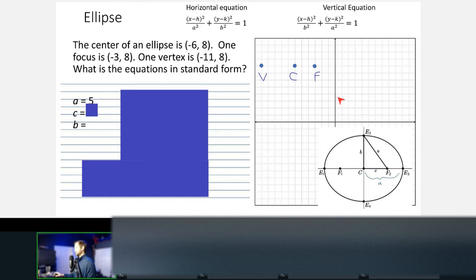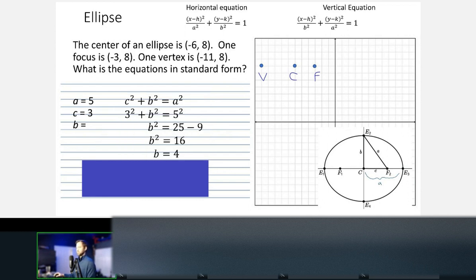What does that equal? 3. Yeah, so your c is the distance from the center to a focus point. We can just count that right on the graph, or we can just use a distance formula either way. And then we need to find the b value. I included this to show you the formula. To find b, we're going to use c squared plus b squared equals a squared. So we use that formula.